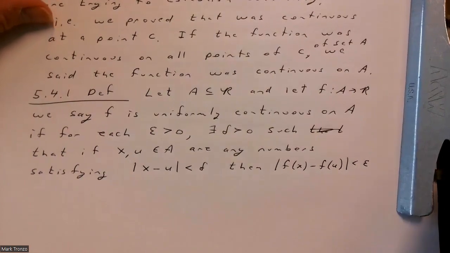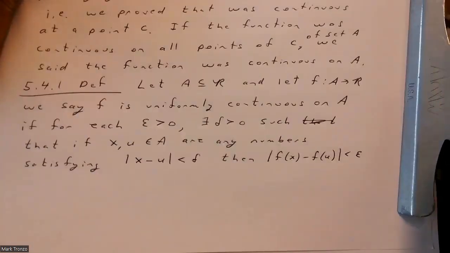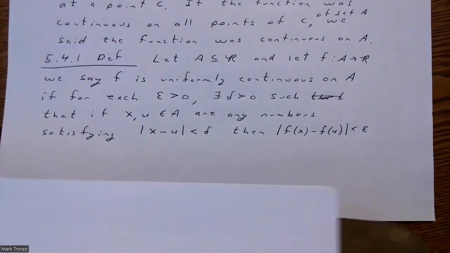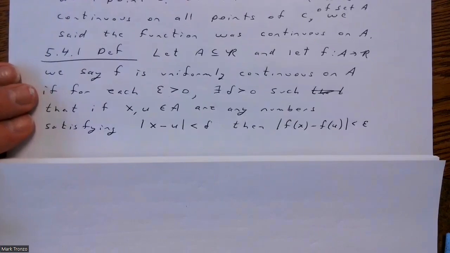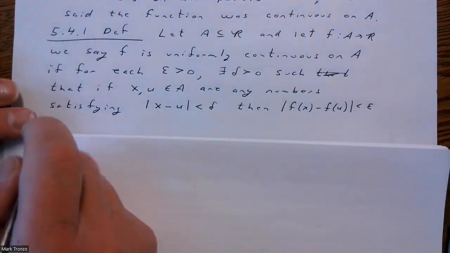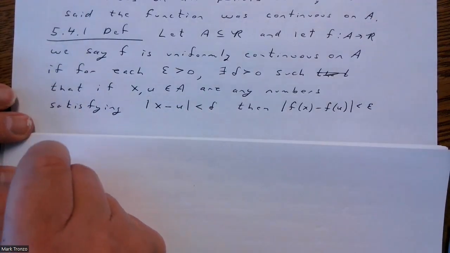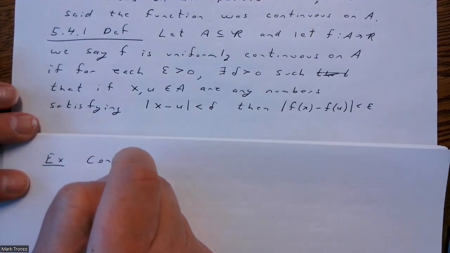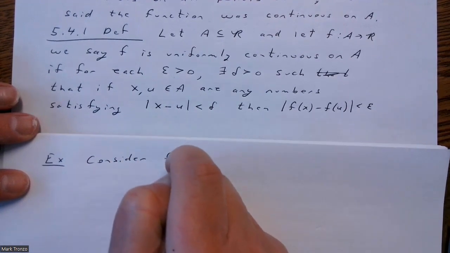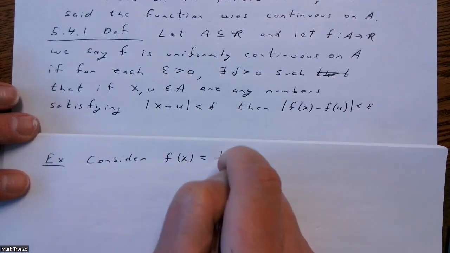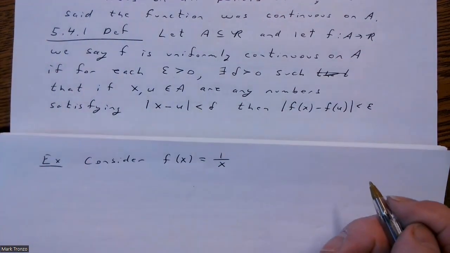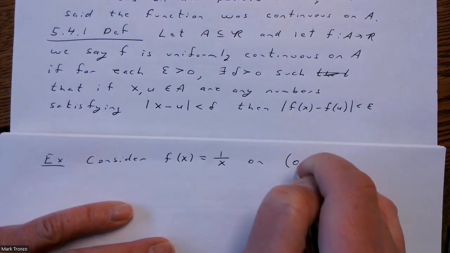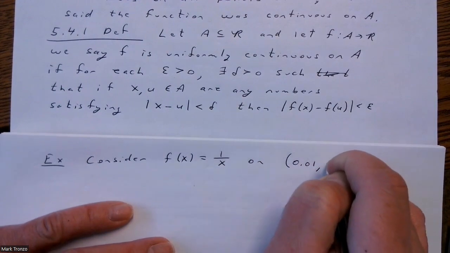So let's go back to our favorite function, 1 over x, since that is helpful to illustrate a lot of these ideas. Let's consider f of x equals 1 over x, but let me pick a specific interval, let's say 0.01 to 1.